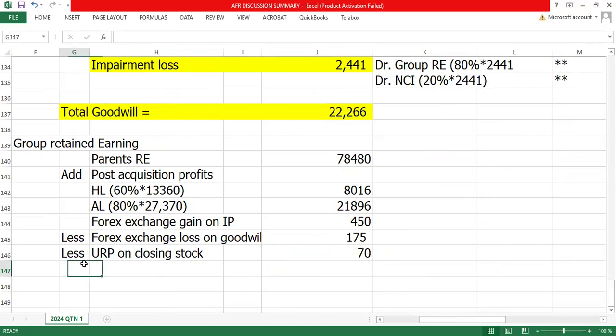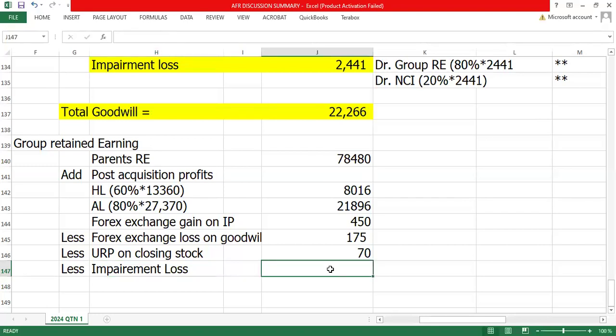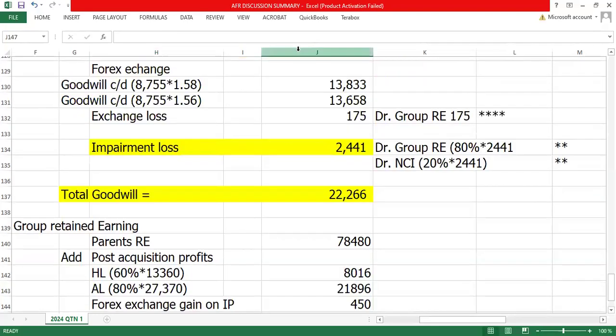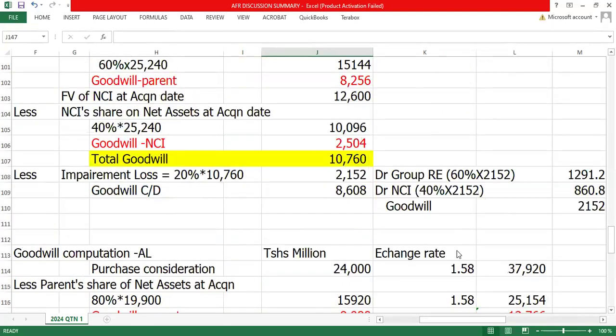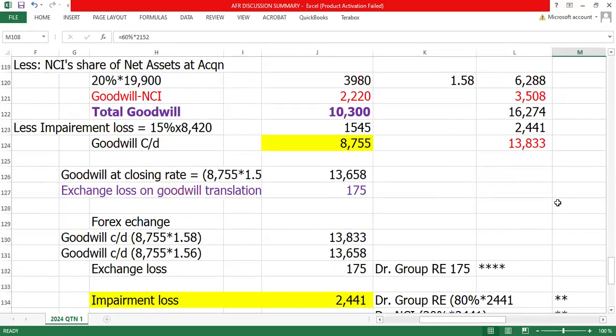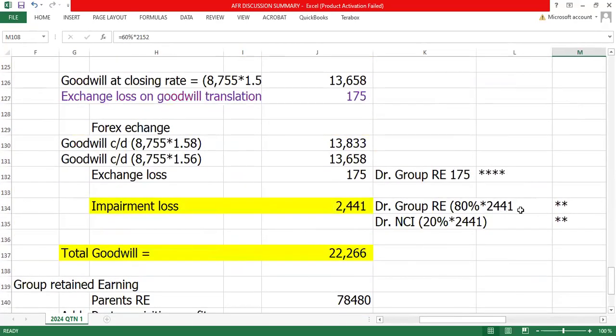That is 70. Then you raise. What else? What do we raise? We raise the impairment. The impairment loss. The impairment loss of how much? You add the impairment loss. Get this one, plus what you get here.